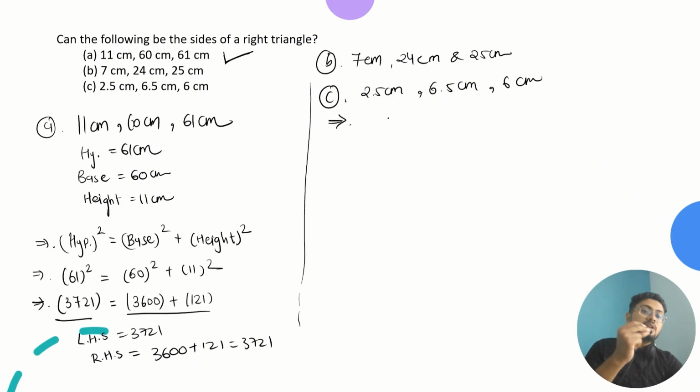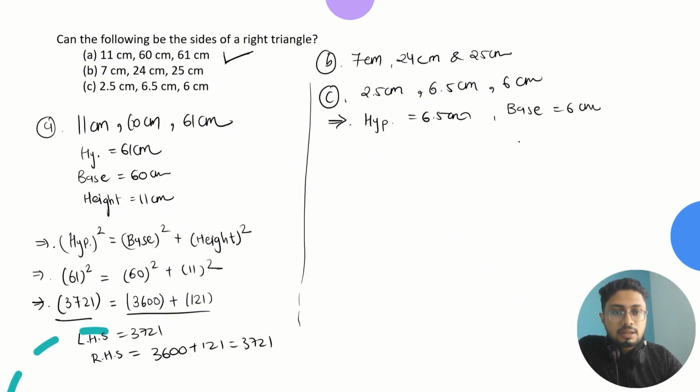Which one is the hypotenuse? First, we need to consider one as the hypotenuse. So which one is the longest? The longest one I can consider is 6.5 centimeter. Now any one as a base, 6 centimeter, and any one as a height, 2.5 centimeter. What is the formula? Hypotenuse square is equal to height square plus base square.